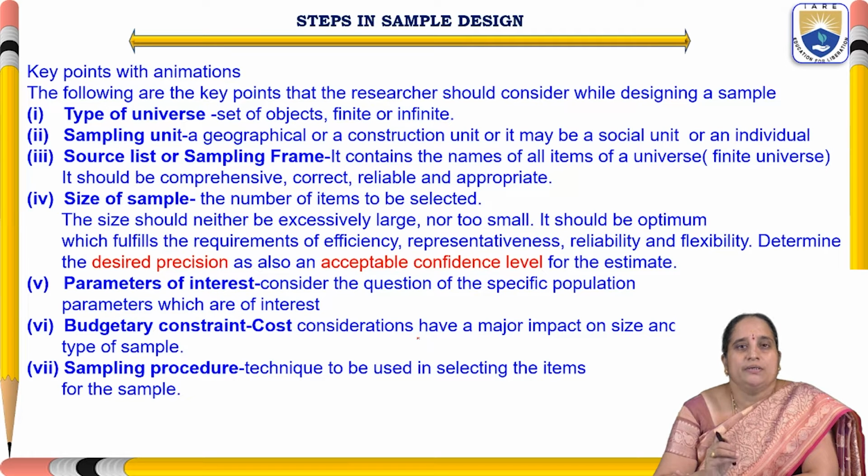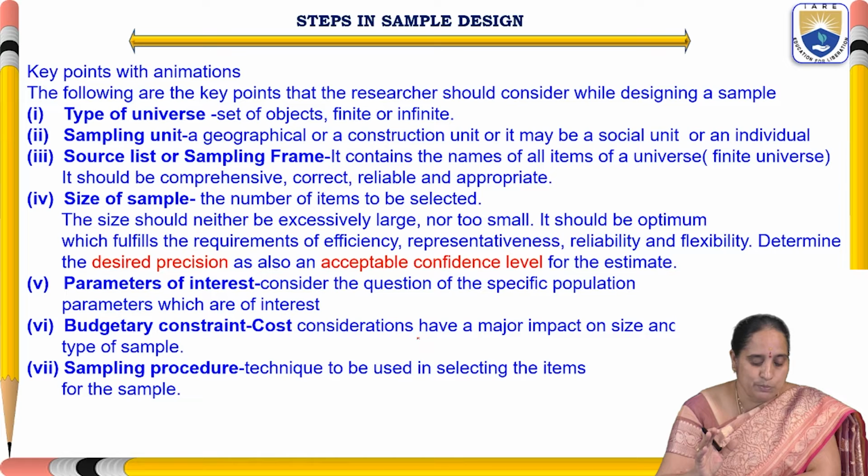Optimum means it must satisfy the requirements of efficiency, representativeness, reliability and flexibility. We want to achieve the desired precision levels by increasing the sample size, and also an acceptable confidence level for the estimate.